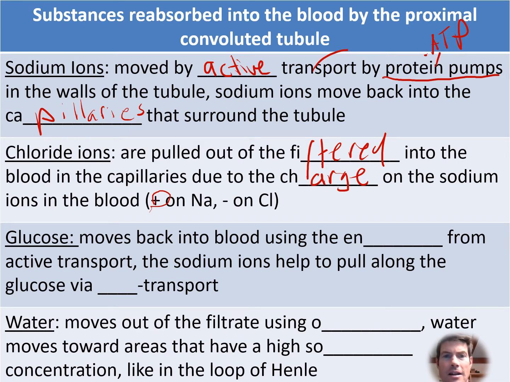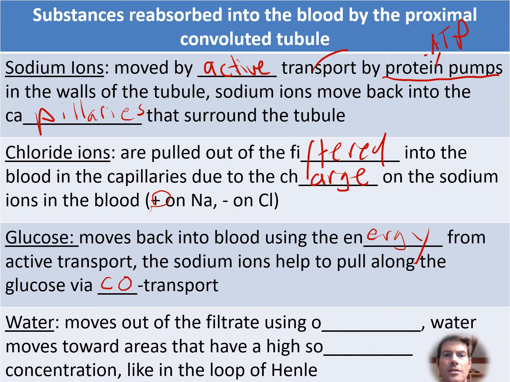Since it's attracted and it moves along with the sodium, glucose moves back into the blood using energy from active transport, and then sodium ions help to pull on the glucose via co-transport.